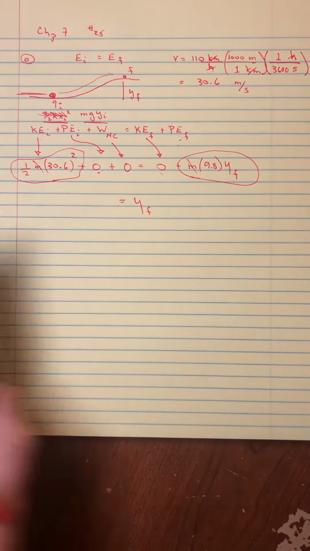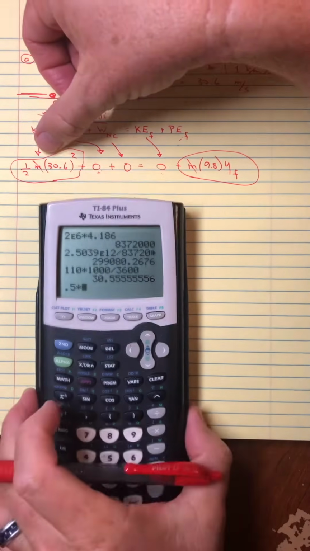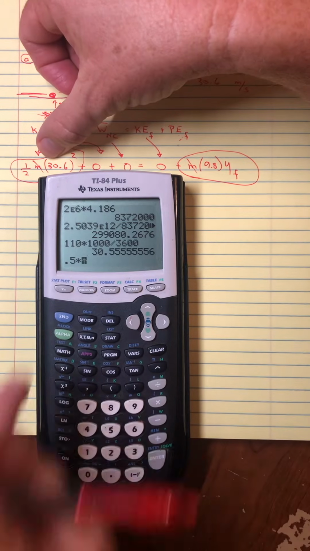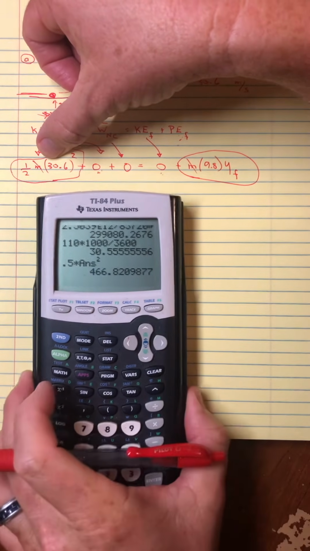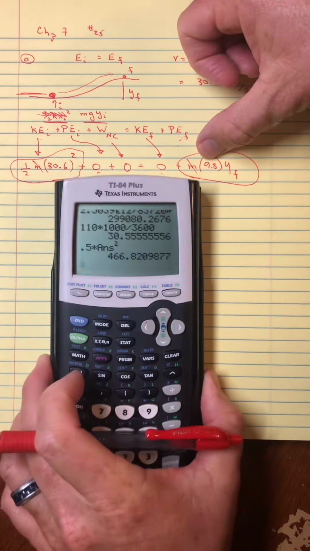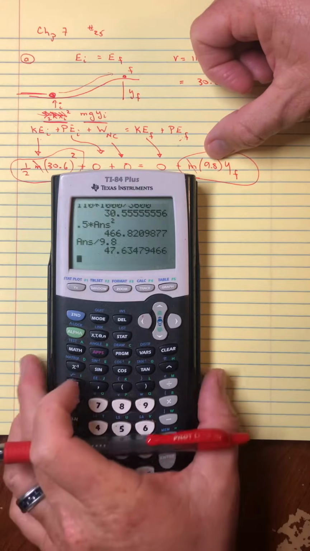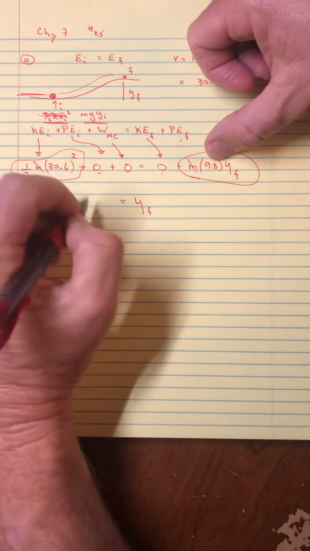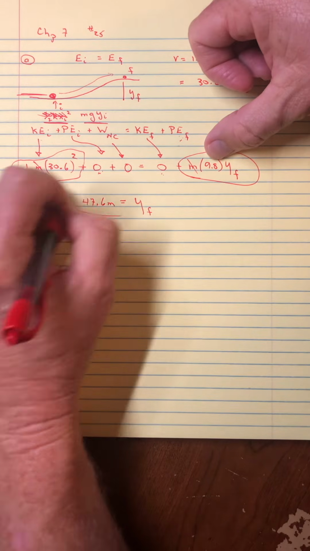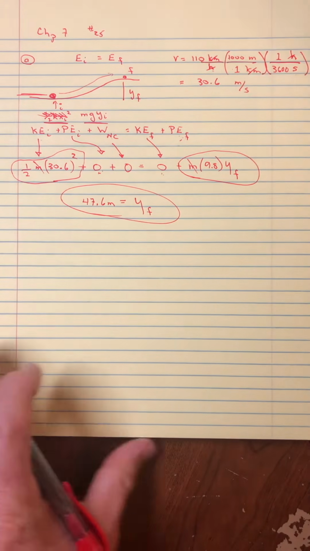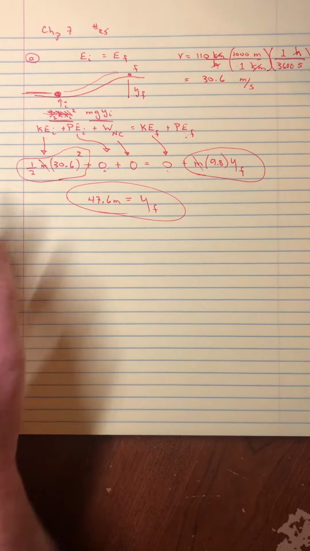Now we can grab the calculator, and on this side say 1/2 times, I'll just use last answer, squared, and that'll be the left-hand side. Then if I divide by 9.8, I get 47.6 meters. So it'd go up a pretty good size hill coasting at this speed if there was no friction.